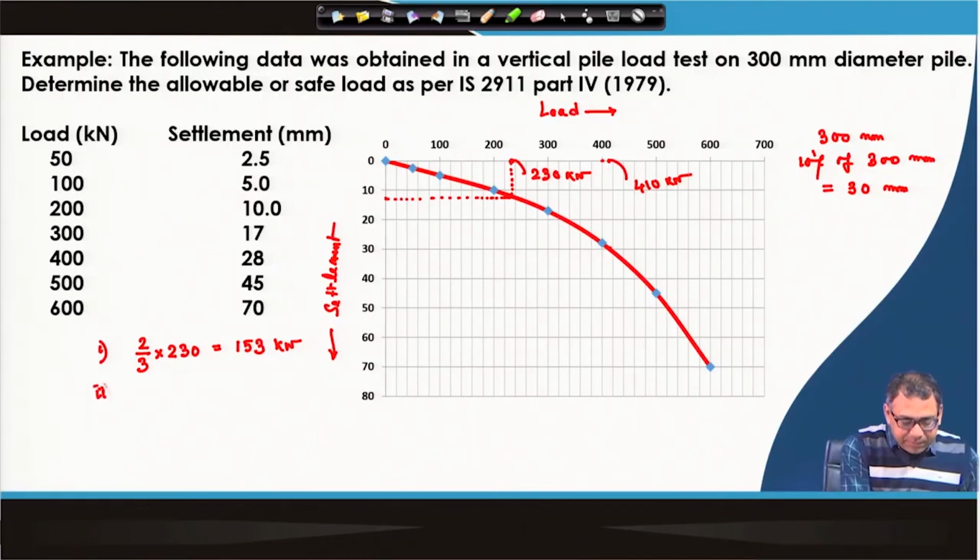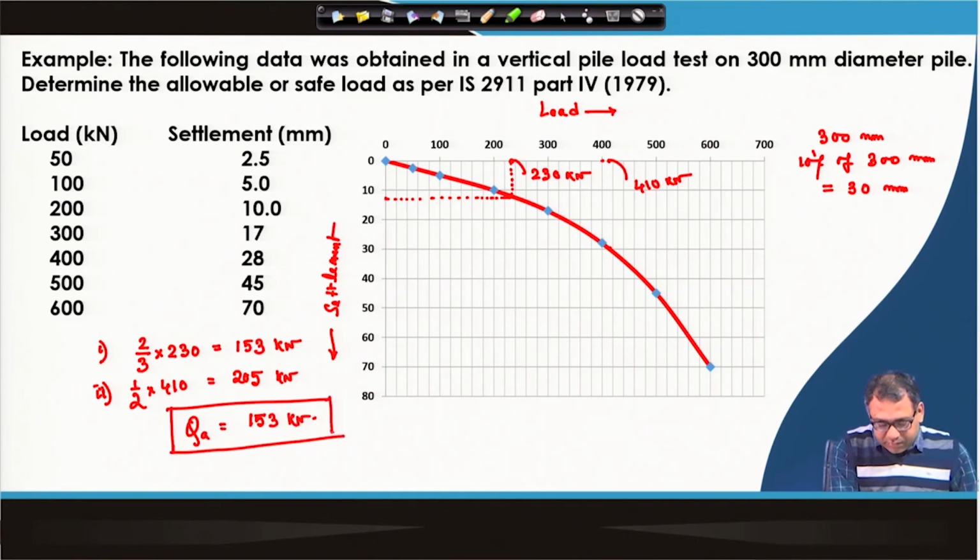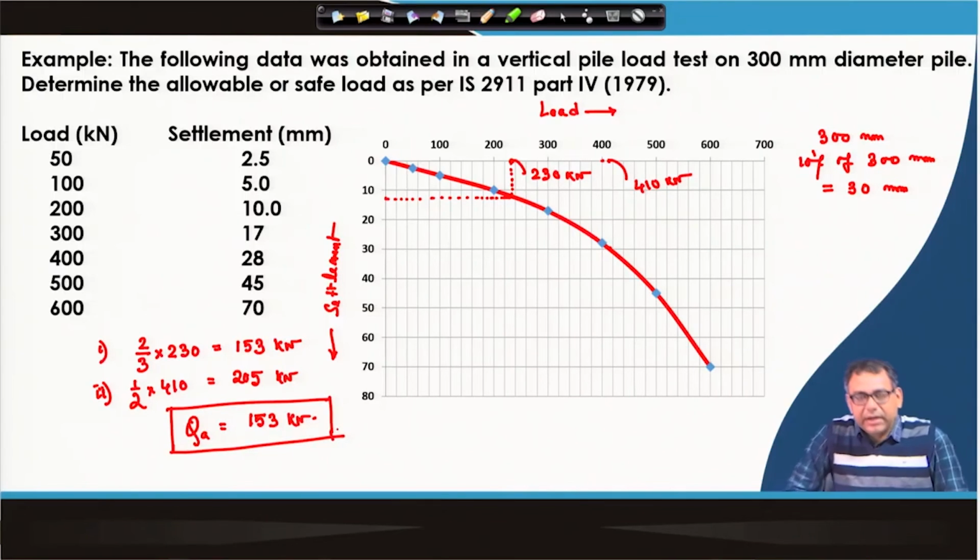We have to take 50% of that load. So, half of 410 is 205. The minimum of these two is 153. So, Q allowable is 153 kilonewton. This way we can determine the Q allowable or safe load carrying capacity of the pile based on the pile load test.